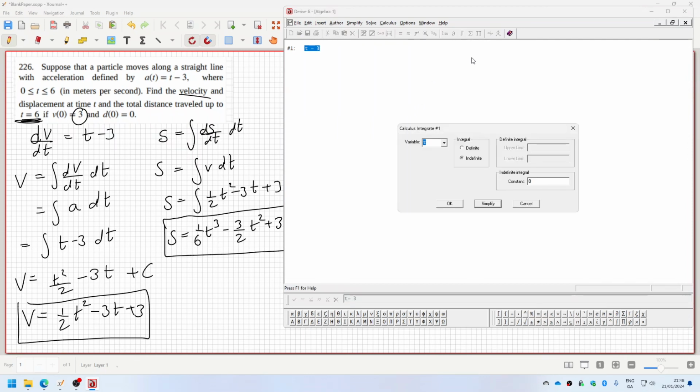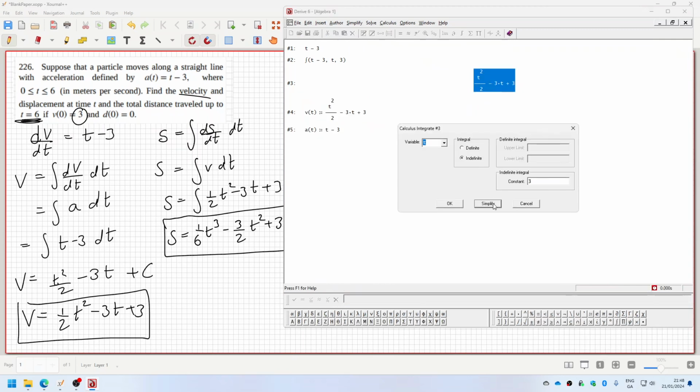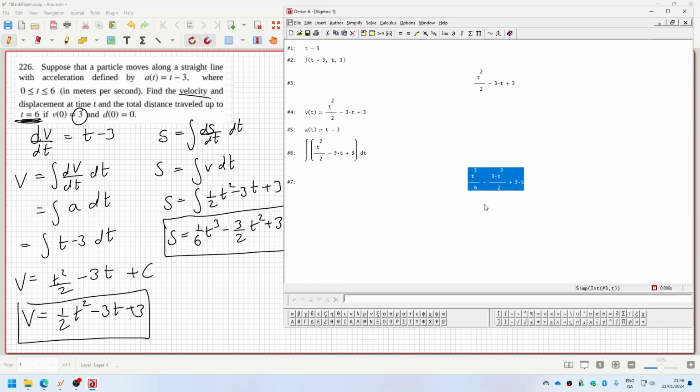Integrate this, and the constant is 3. So that's the velocity, the acceleration, and then we'll have to integrate this again. Okay, and that's the displacement. Okay, so let's just check now.